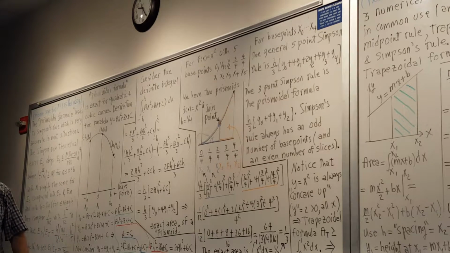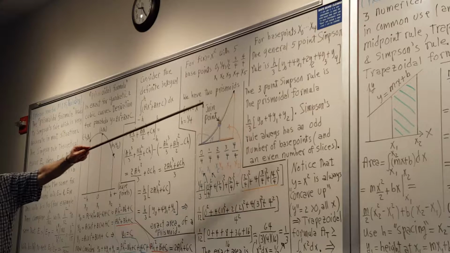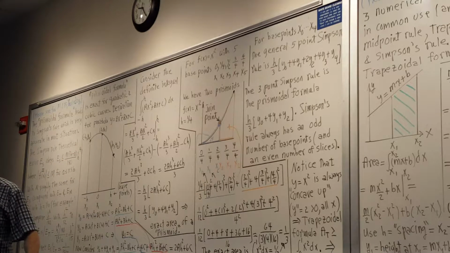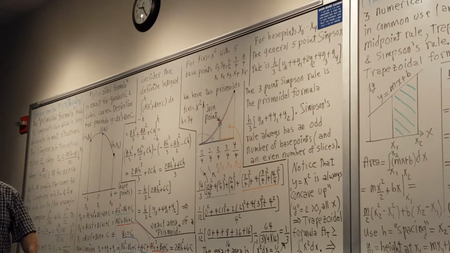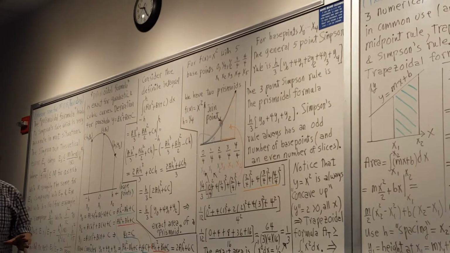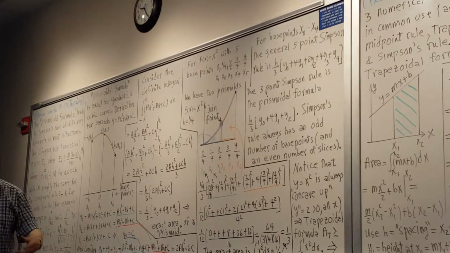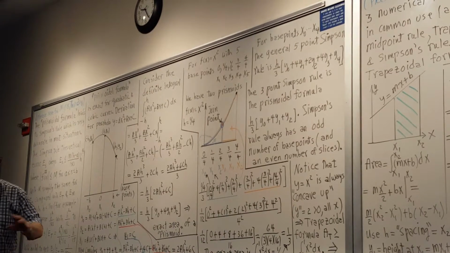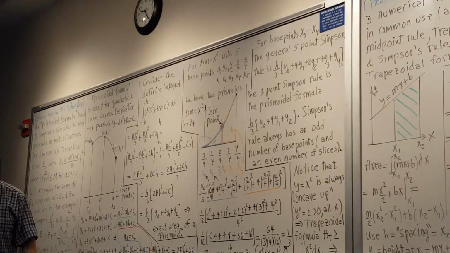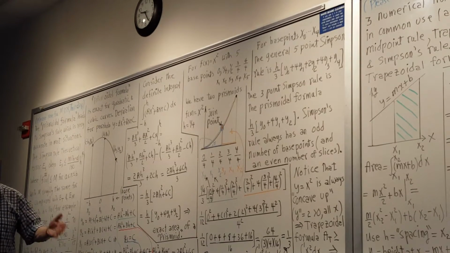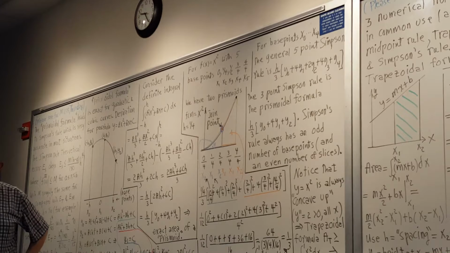But usually you're working against yourself with Simpson's rule to take too many base points, because you have an accurate formula, and what you do is you introduce round-off error by doing more and more calculating, which you do as you add more base points.